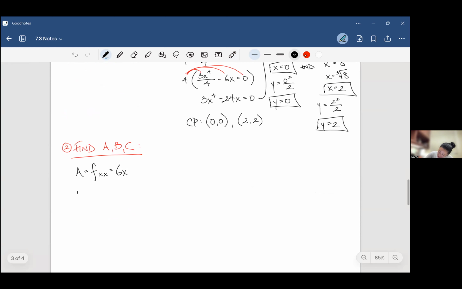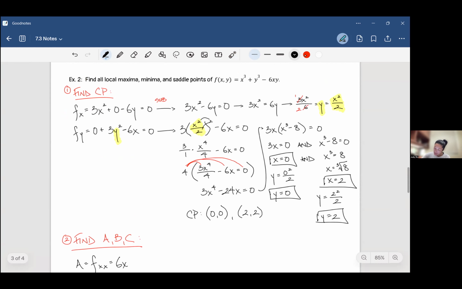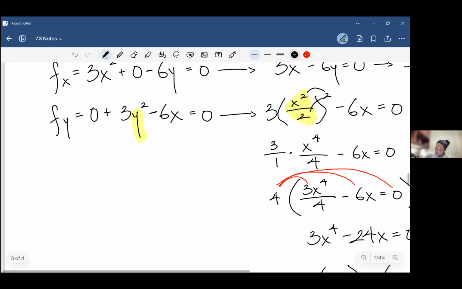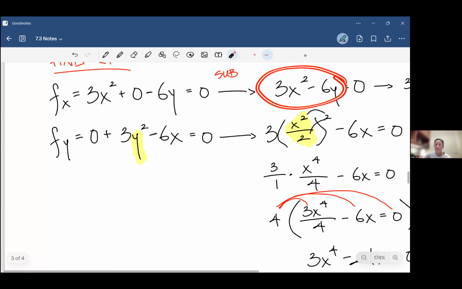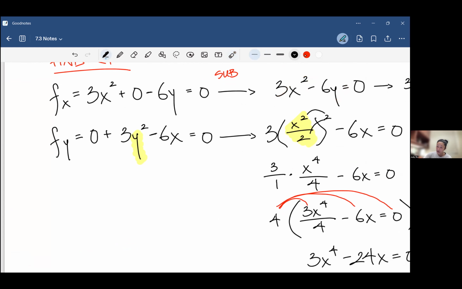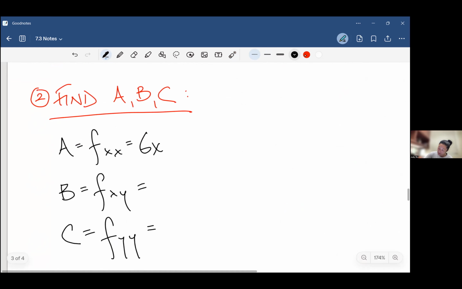Now let's find B, fxy. Going to my fx, 3x squared minus 6y, and taking a derivative treating y as the variable, 3x squared goes to 0, and negative 6y becomes negative 6.